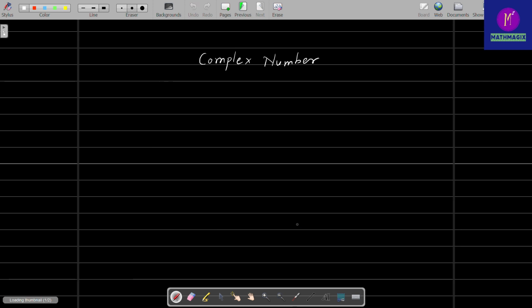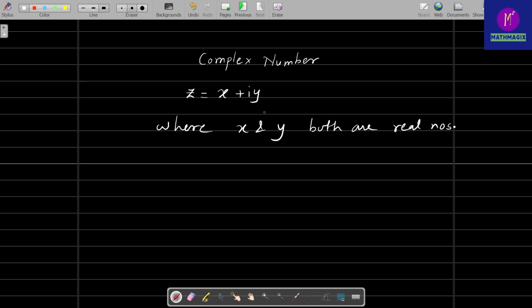Now let us talk about a complex number. A complex number one can denote by small z. So small z is nothing but x plus iy, where x and y both are real numbers, and this i is the imaginary number, which is nothing but root of minus 1.